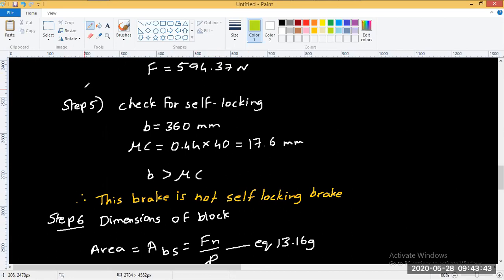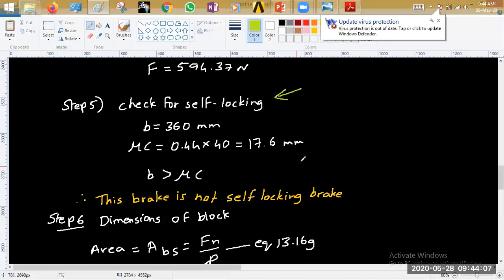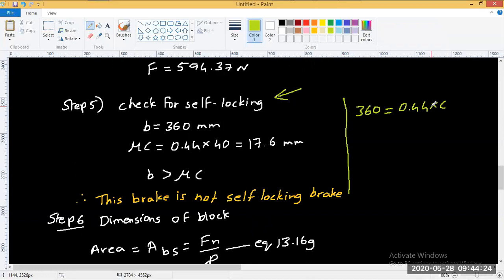So this step 5 here is for self-locking. Some problems may specify that, find the dimension at which self-locking occurs. In that case, you just need to find C and give a separate note. For example, in this problem, if you wanted to do this as an addition, B I would keep as it is, 360, and this I would equate to mu C. So that is 0.44 times C, leaving C as it is.